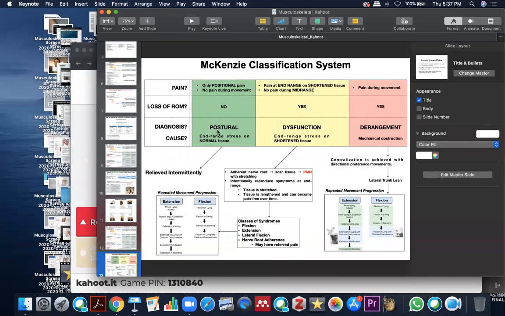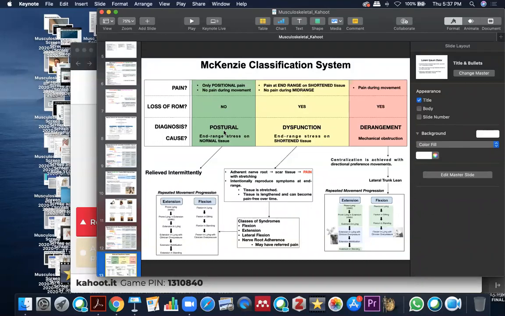So remember that here, instead of functional optimization, movement control, and symptom modulation, they have postural, dysfunction, and derangement. And then there are different ways to classify those based on the nature of the pain, and also whether they've lost range of motion.